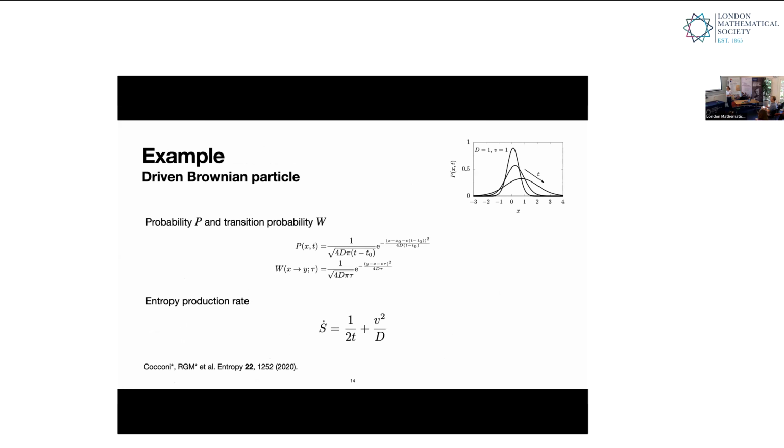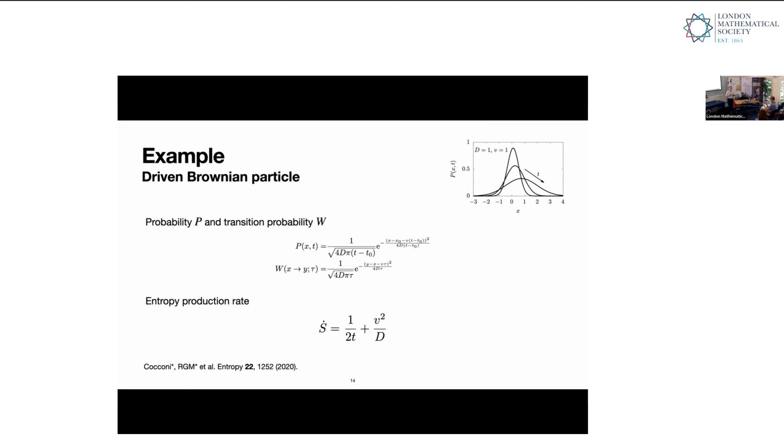Thomson was concerned with the heat equation. So this is another take on the heat equation, the solution. Here, the example is we have a particle that diffuses with a certain diffusion constant and has a drift. In this case, the drift is constant.